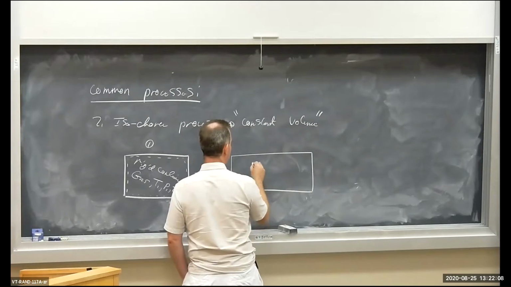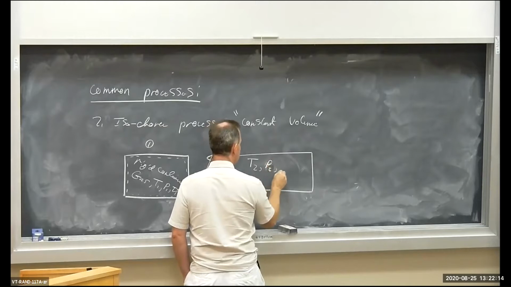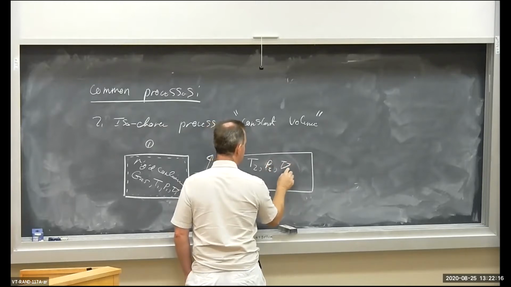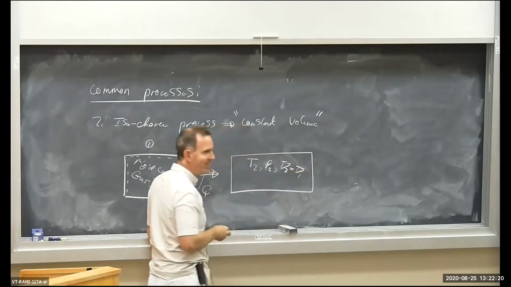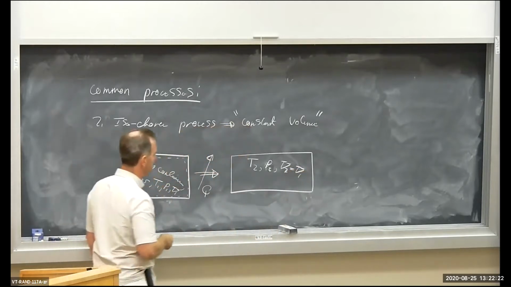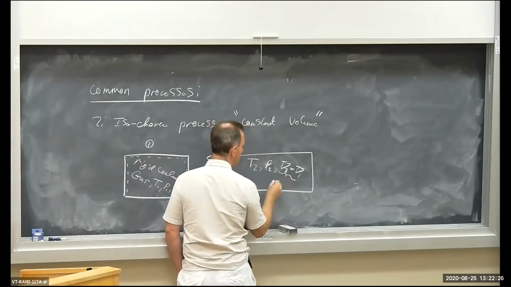So here's my rigid container, and now I have a temperature T2, a pressure P2, and of course I have a volume V2, which is equal to V1. It's a rigid container. Rigid container, no volume change, isochoric process.